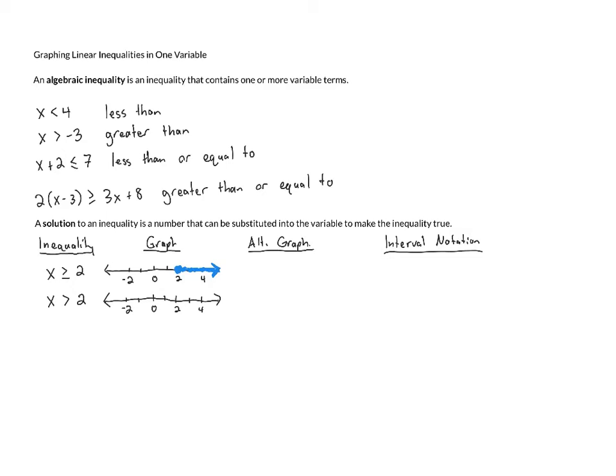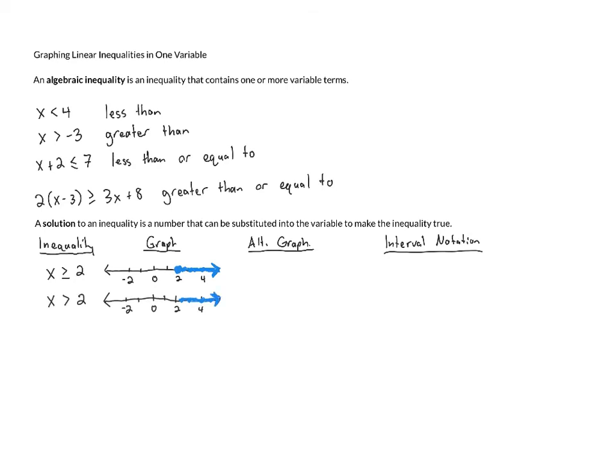So here we have x is greater than 2. Now here we're looking for numbers that are larger than 2. Still, it's true that 3, 4, and 5 are solutions. 2.5 is a solution. Pi is a solution. It is still true that all the numbers to the right of 2 on the number line are solutions.